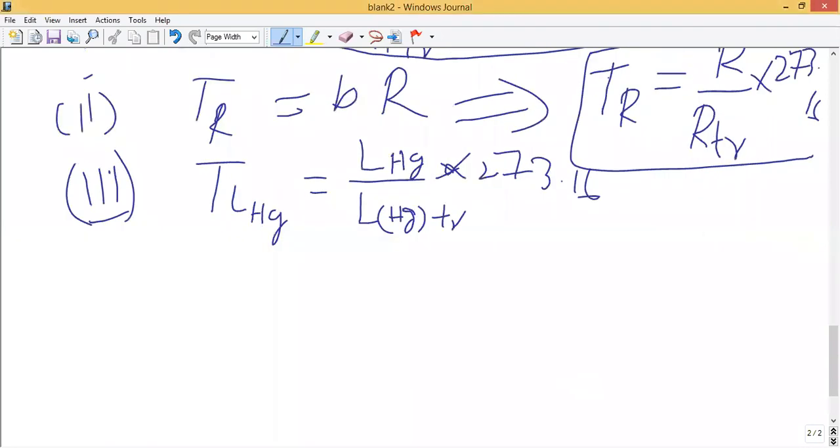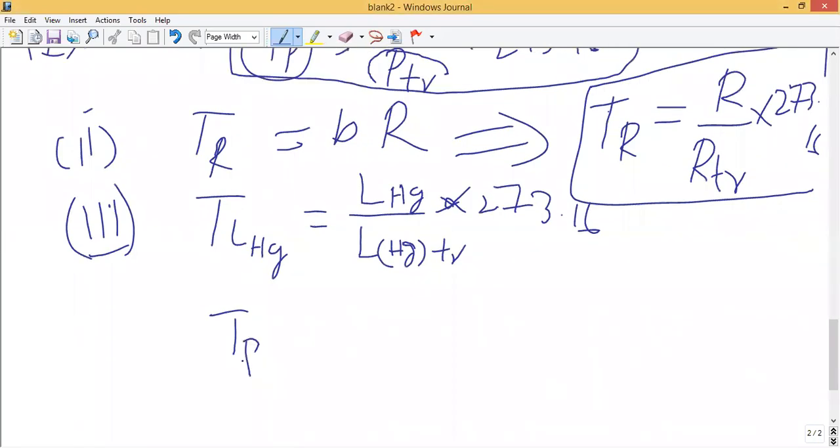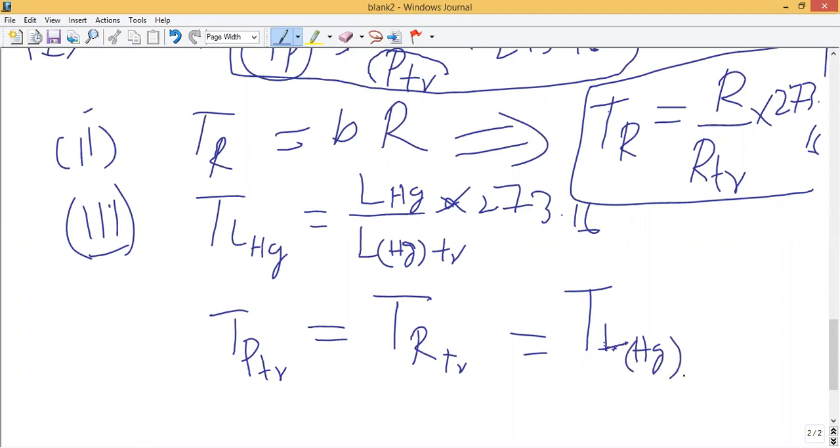You can write it as T, triple point pressure, triple point equal to T, okay, resistance at triple point and a temperature, okay, length of mercury, okay.